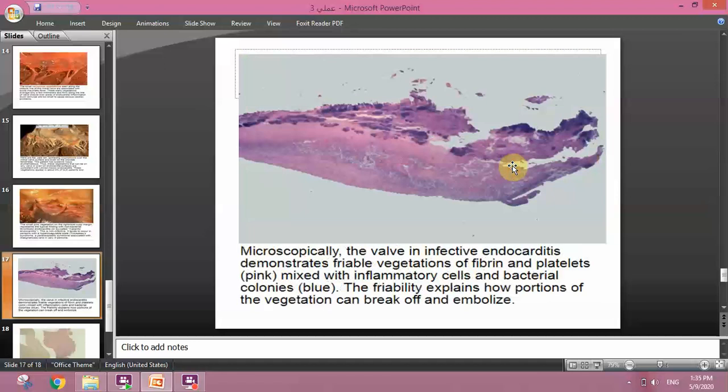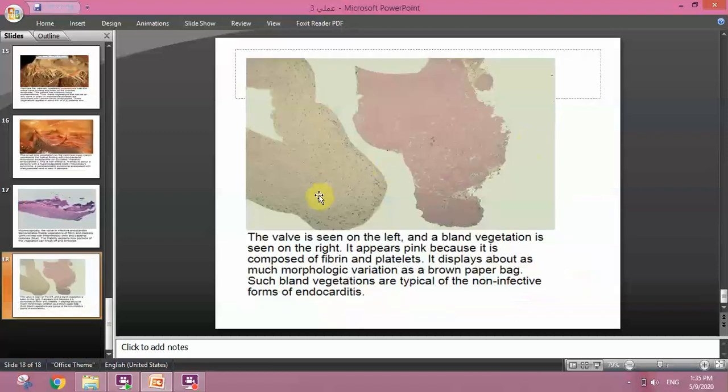This is a histological section, a microscopic picture of vegetation in infective endocarditis. This is the valve, and this is the attached friable vegetation. This vegetation consists of clots, the light pink, and the dark blue dots, which are bacterial colonies, with mixed inflammatory cells. Compare with another histological section showing a bland vegetation.